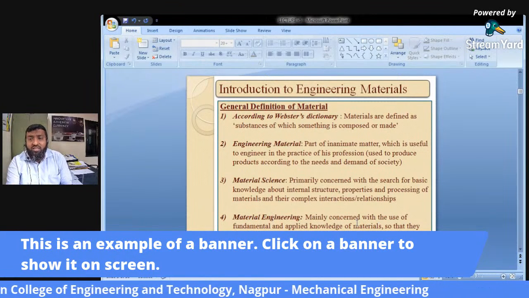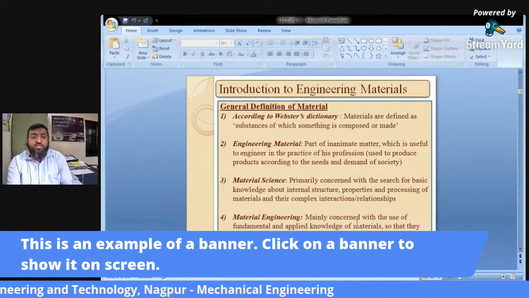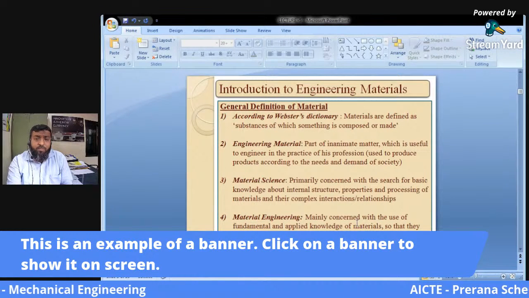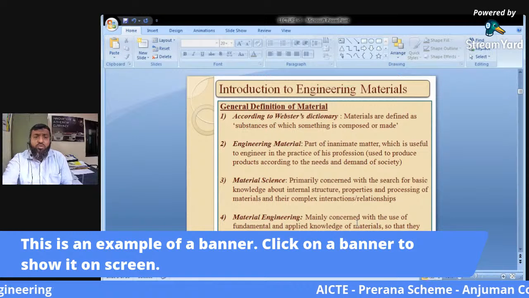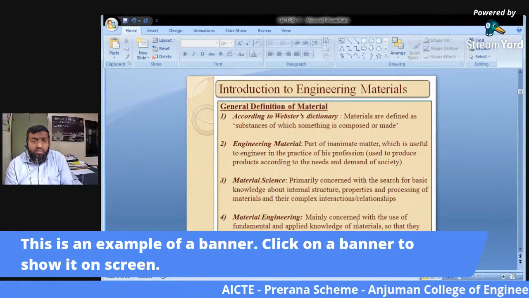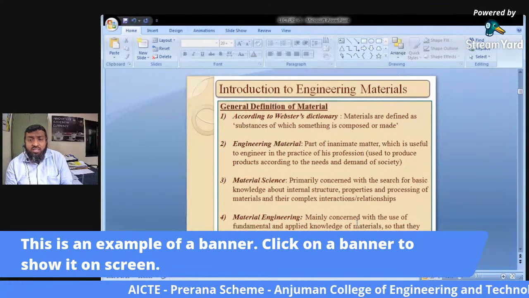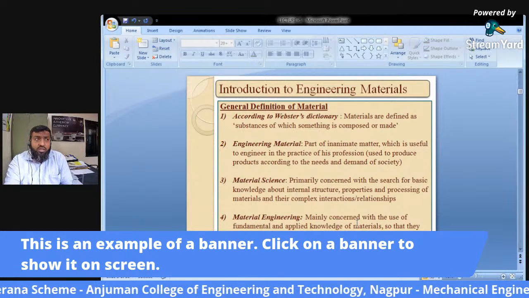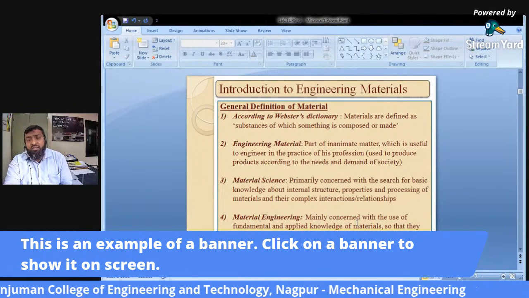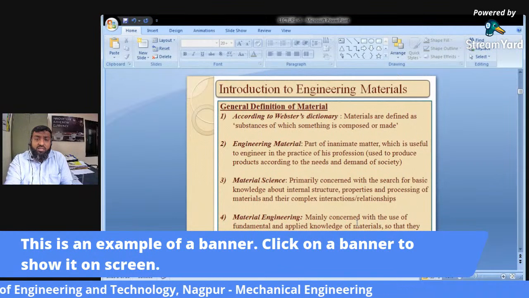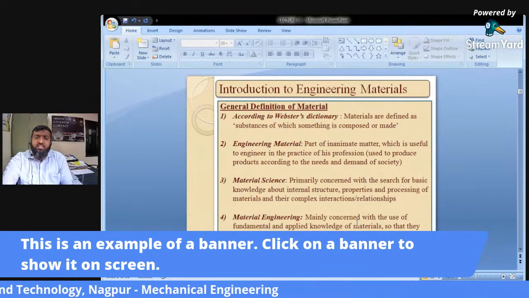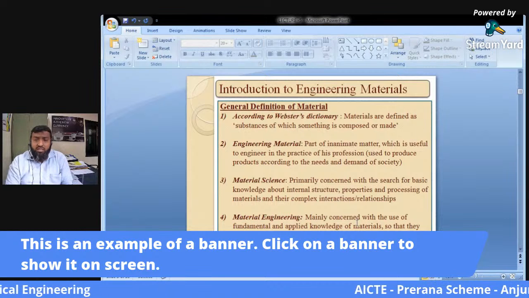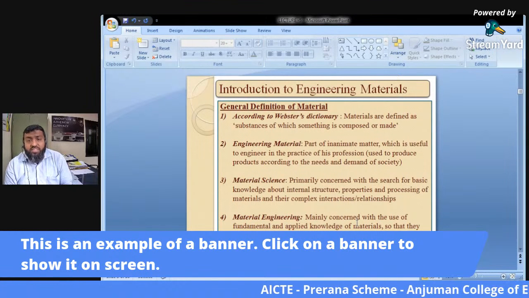Fundamentally, when we say material, it is nothing but the substance. The substance is obviously composed of elements. The basic constituents are the elements. Wood is a material. Plastic is a material. Steel is a material. So these are the substances composed of their basic structure or the basic physical elements.